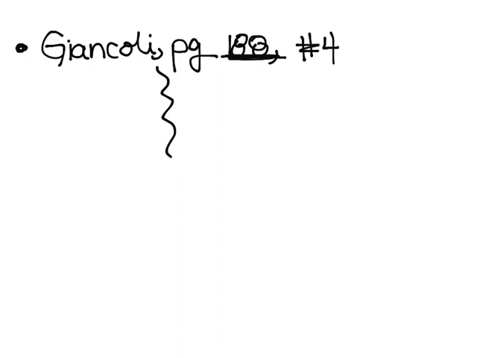Okay, so because we have two objects interacting, this is going to be conservation of momentum. Since it says ignore water resistance, we can say there's no total outside force on the system, and so momentum should be conserved. So we're going to draw a before picture and an after picture.